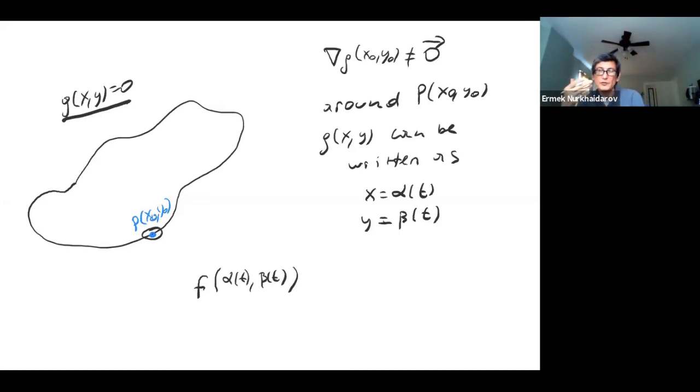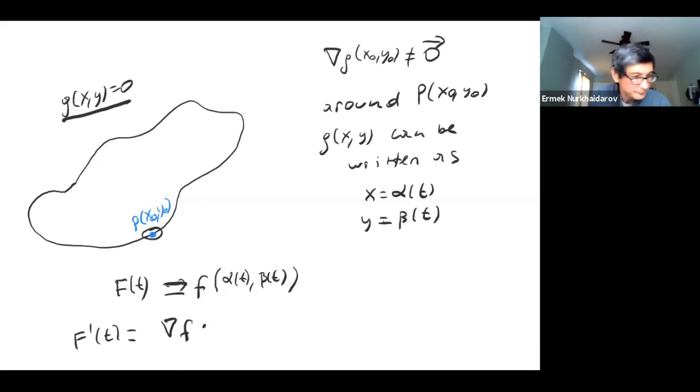That's what my function is supposed to be near point P. Then that's a function of t only, call it capital F. And then I take its derivative: gradient of f, multiplying with the derivative of alpha with respect to t and beta with respect to t.